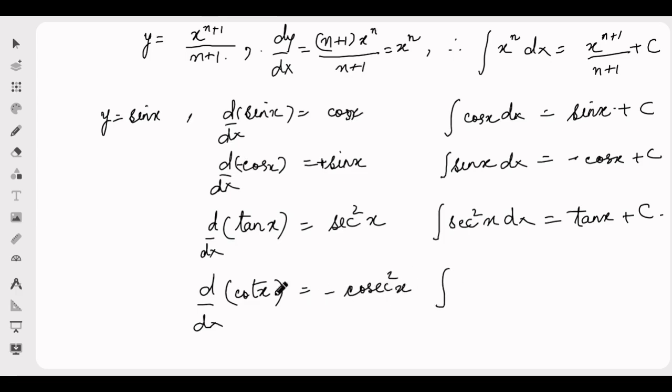Therefore, the derivative of minus cot x is cosec square x, and integral of cosec square x is minus cot x plus c. We have done how many trigonometric functions? 1, 2, 3, 4.